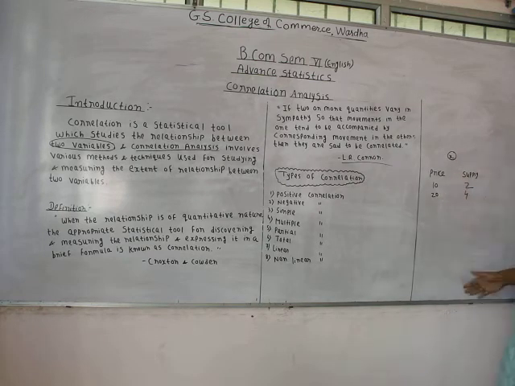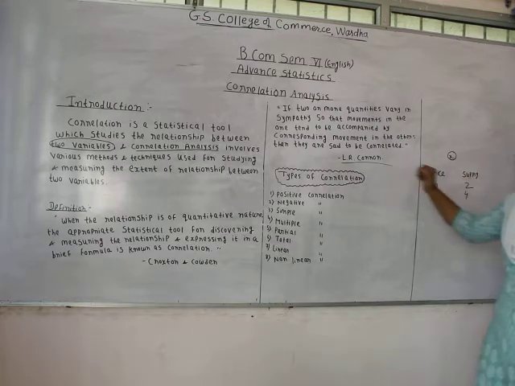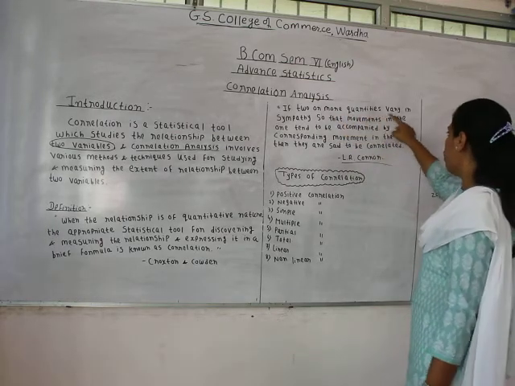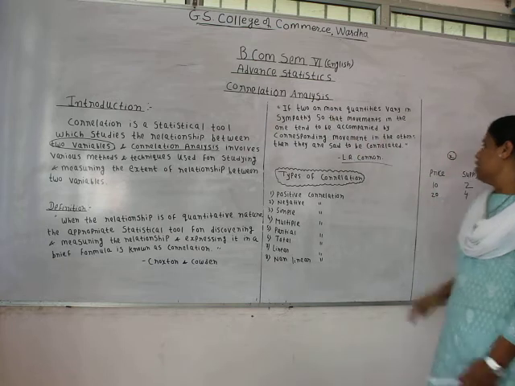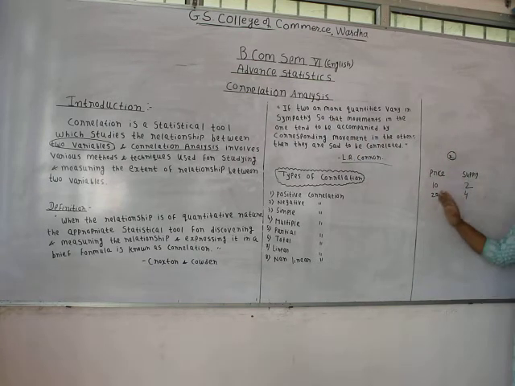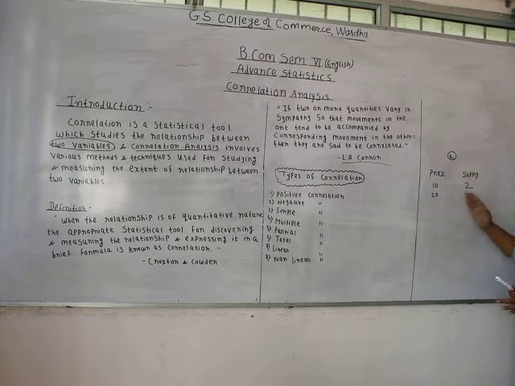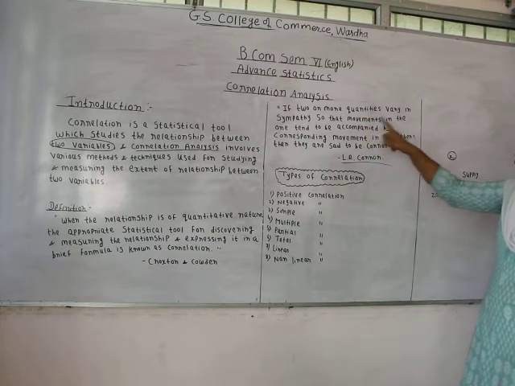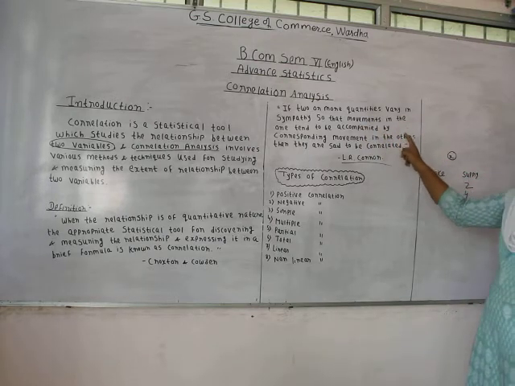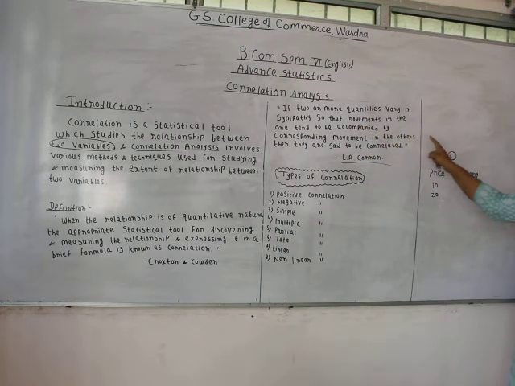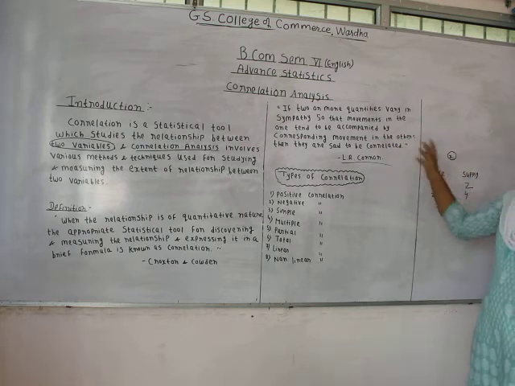So what's happening is, with the increase in the price of commodity X, the supply of commodity X is increasing. Meaning if two or more quantities vary in sympathy, so that movements in one tend to be accompanied by corresponding movement in another, then they are said to be correlated.